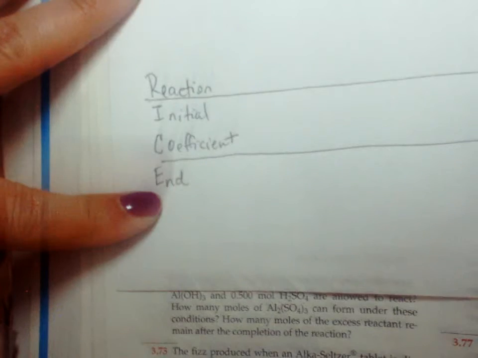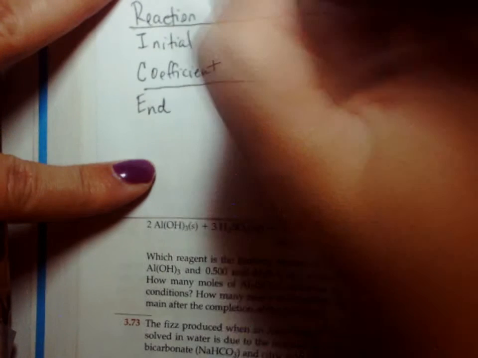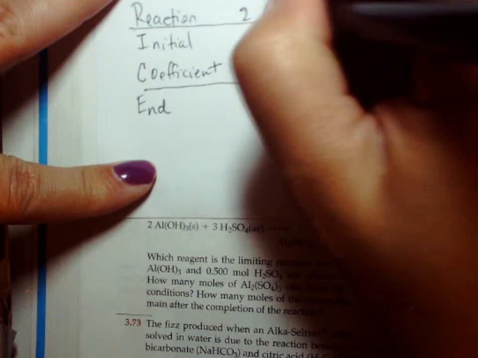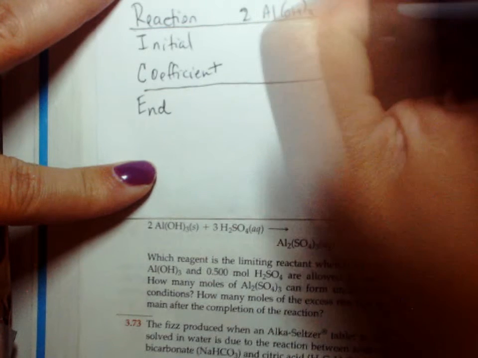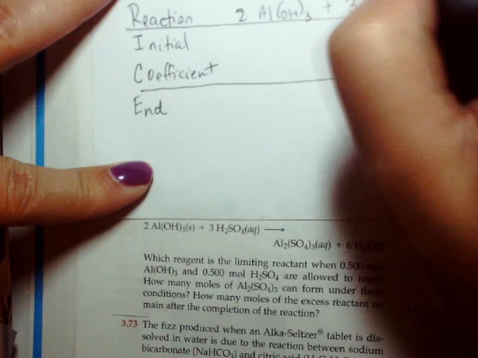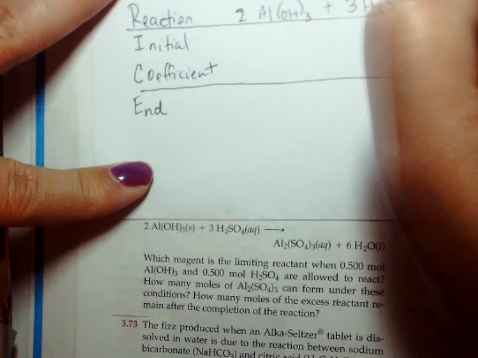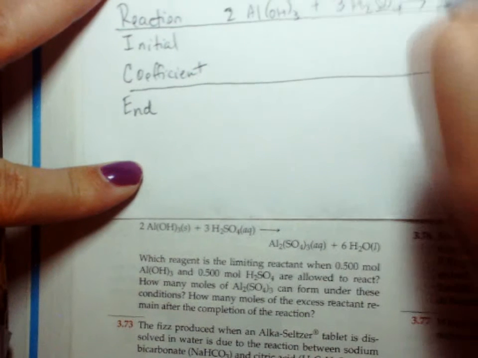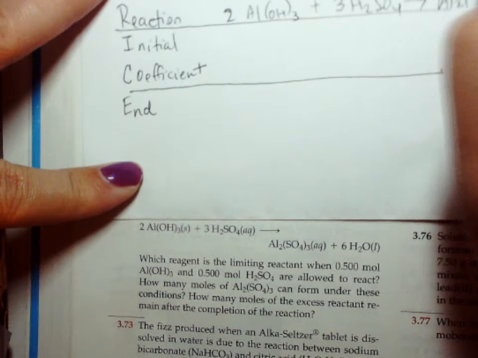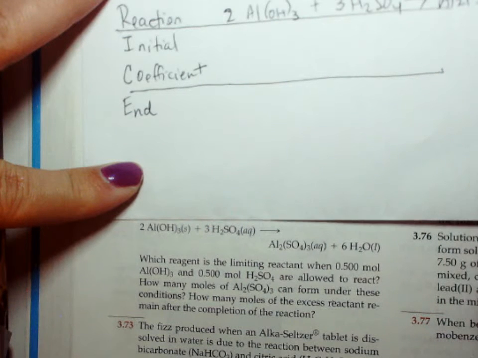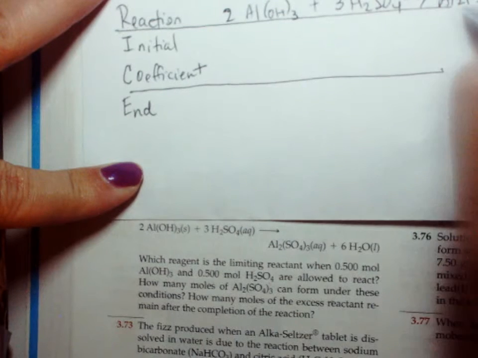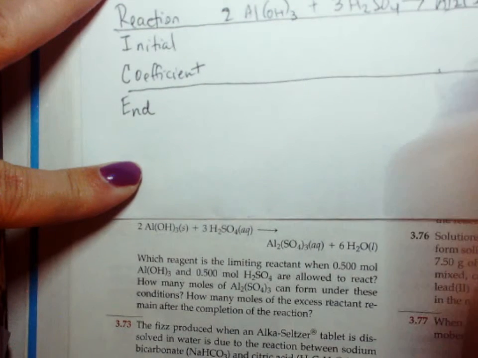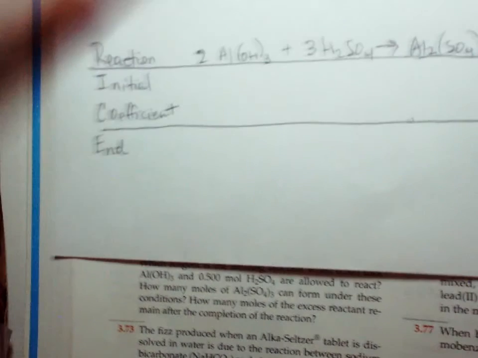Okay, so let's write down the reaction that they give me in the question. So I've got 2 aluminum hydroxides plus 3 H2SO4s, 3 sulfuric acids, and I'm going to make aluminum sulfate plus H2O. 6 of them, as a matter of fact. All right.